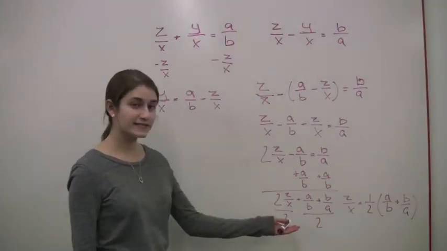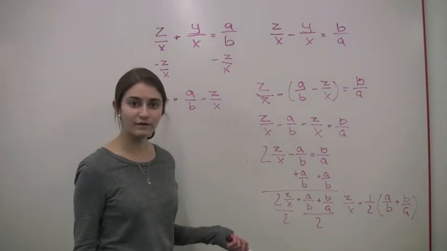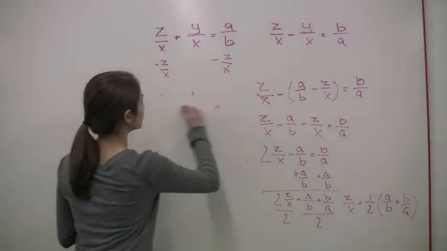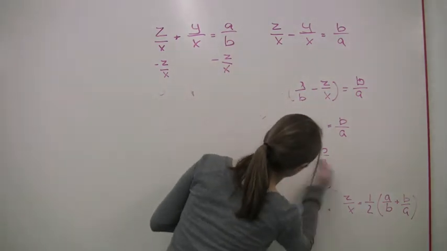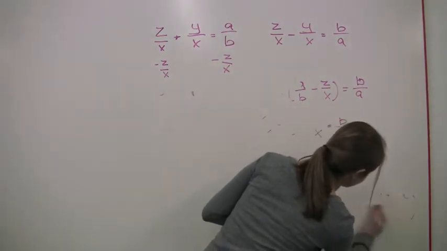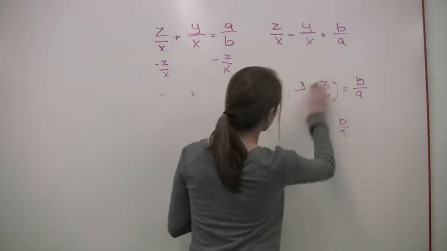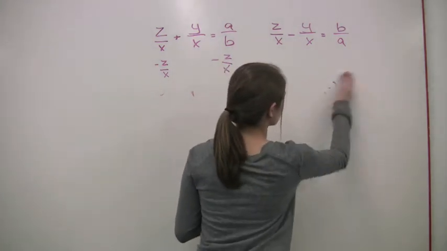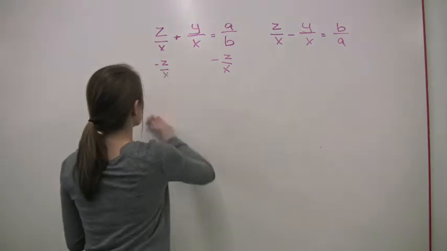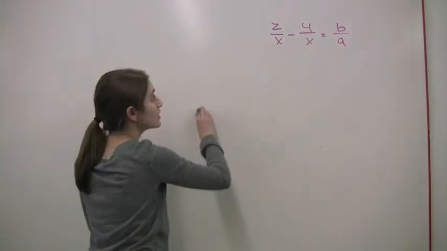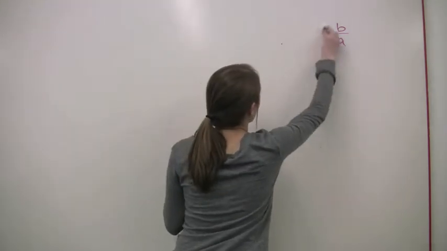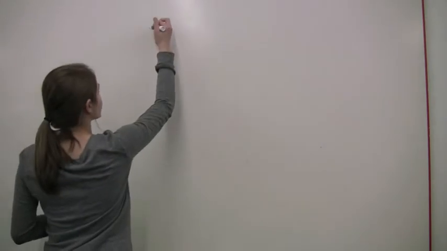Now that we have solved for z over x, let's solve for y over x. Let's erase all this work. As we did for the previous equation, we must once again start by solving for the opposite. This time we must solve for z over x in the beginning. Let's rewrite our equations.